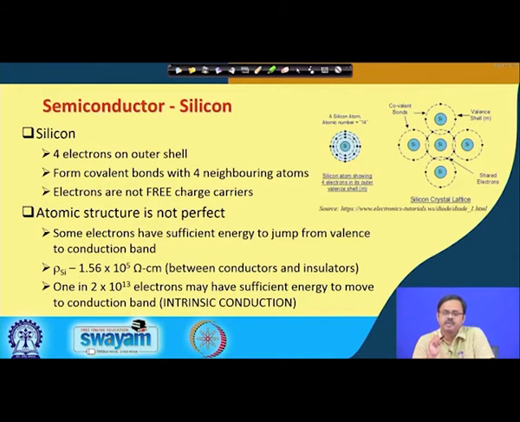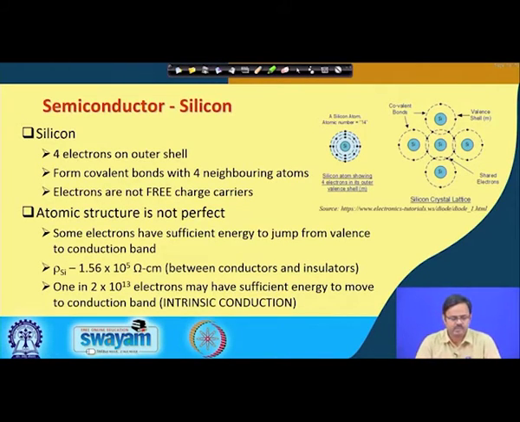What silicon does is form covalent bonds with 4 of its neighboring atoms, where it shares 1 electron each with one of these neighboring atoms, and therefore forms a structure which I am showing here on the top right corner.